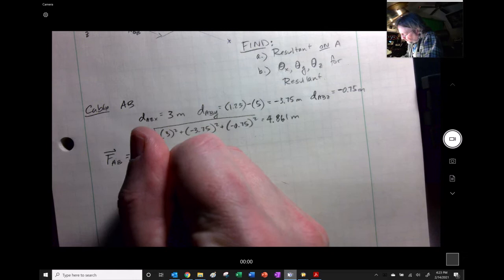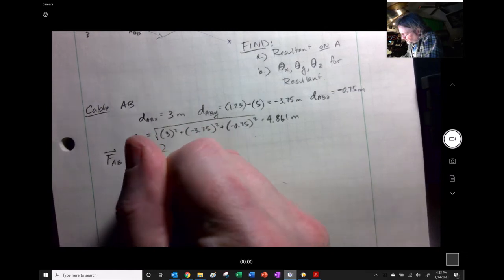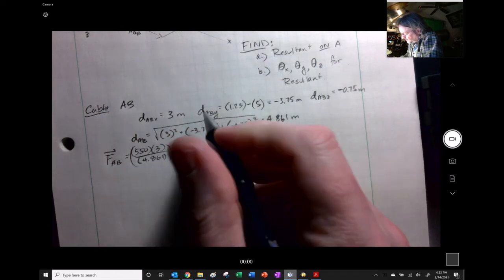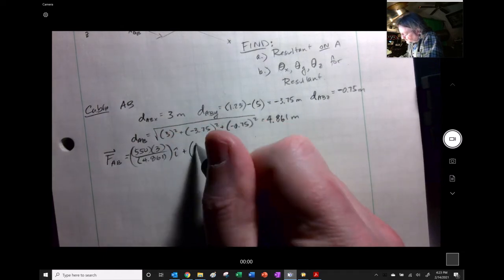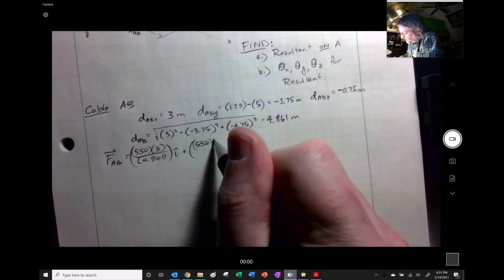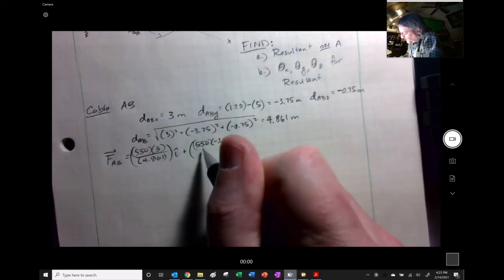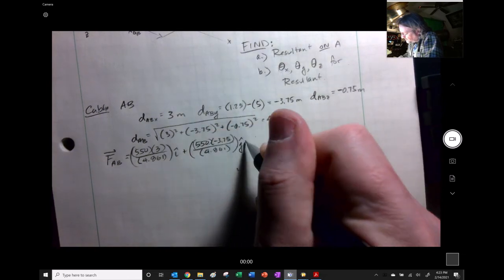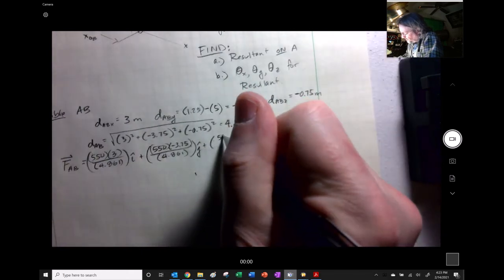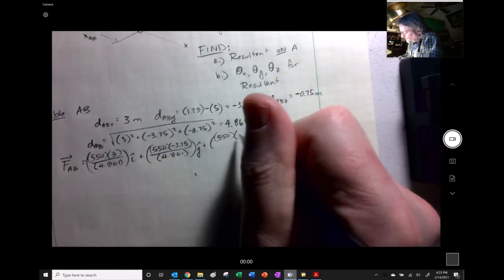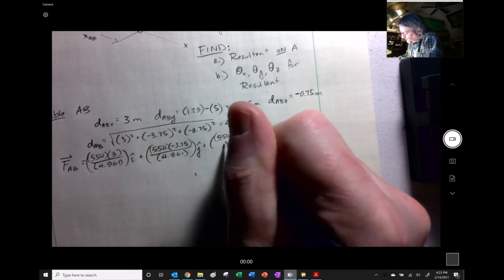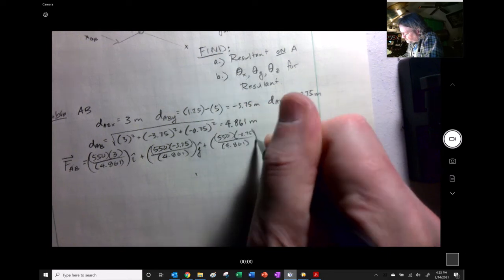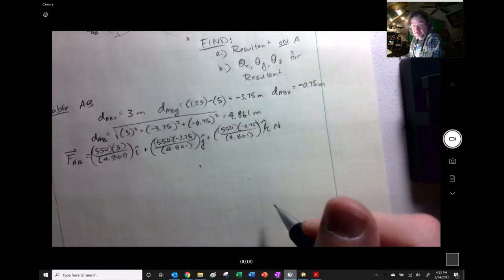So 550 times 3 divided by 4.861 i, plus 550 times negative 3.75 over 4.861 j, and 550 times our negative 0.75. That 0.75 is really not going to make much difference in the answer, is it? And these are newtons.